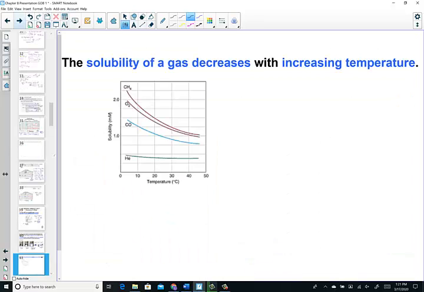Now, for gases, we actually see an opposite trend. The solubility of a gas decreases with rising temperature. So for gases, you increase temperature and the gas decreases solubility.